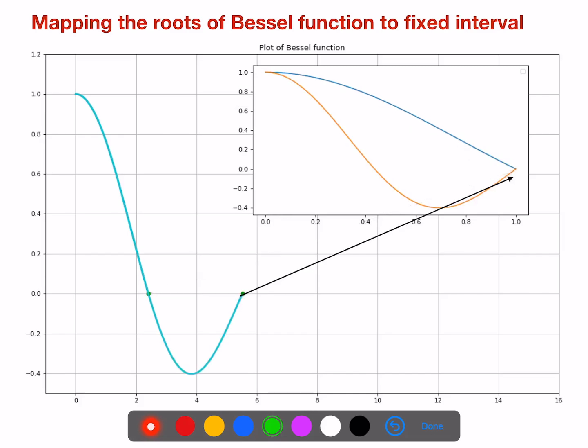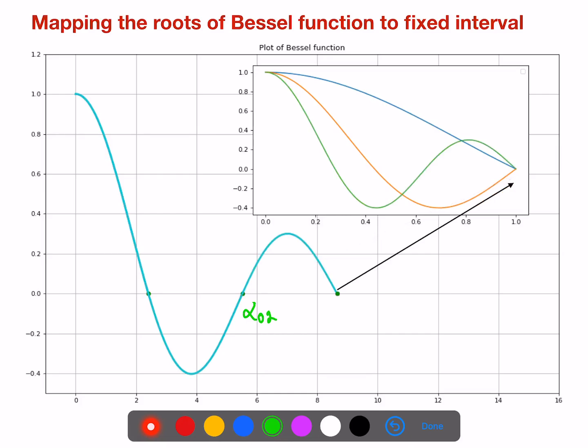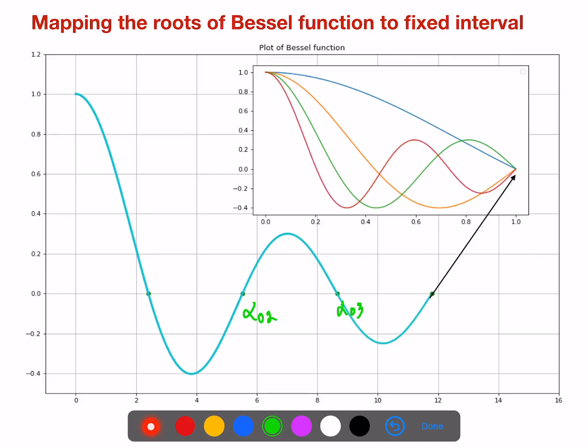Let's take the next root, which is alpha 0 2, and then map that also into an interval 0 to a, and so on. We can continuously do it. Let's take the third root of Bessel, alpha 0 3, and then we can map it, and we continue this, and then we have a set of functions which are essentially mapped using the zeros of the Bessel function into a fixed interval.